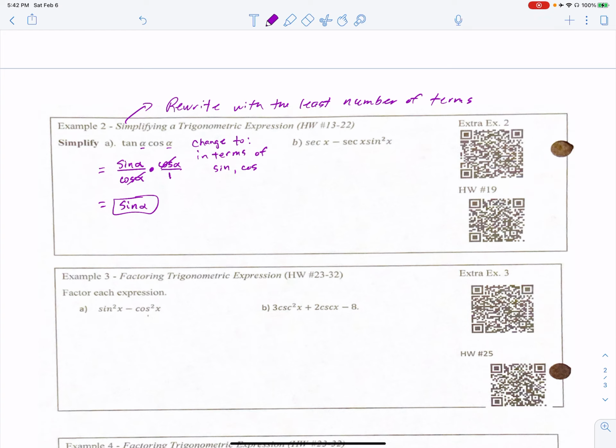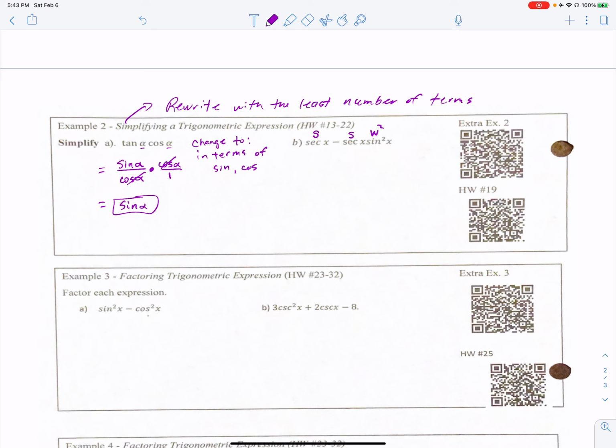Now, in part B, we're going to need to see this as two terms, but the two terms both have this secant x in it, meaning they have a common factor. And again, this is kind of new, so you're going to have to practice this a little bit. Just to show, I'm going to let secant just be s, and then I'm going to think of sine squared as w squared.